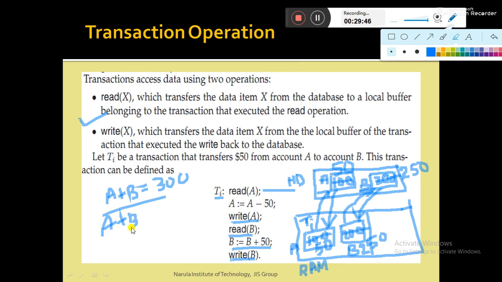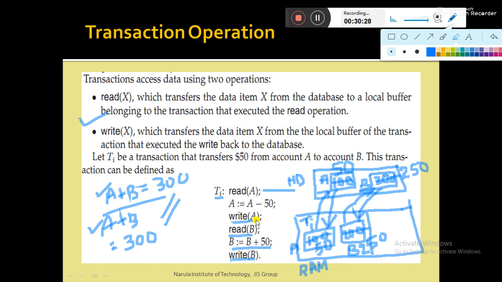The value of A now is 50 and the value of B now is 250. So 50 plus 250 becomes 300. Before Ti starts its execution, the sum of A and B is 300, and after Ti completes its execution successfully, the sum is also 300, which is the same. So we can say that this transaction preserves the property of consistency.